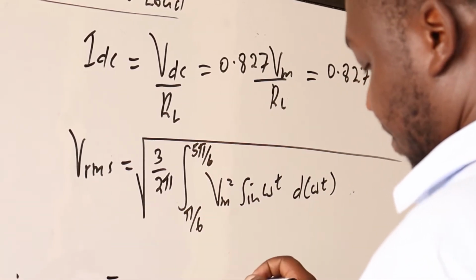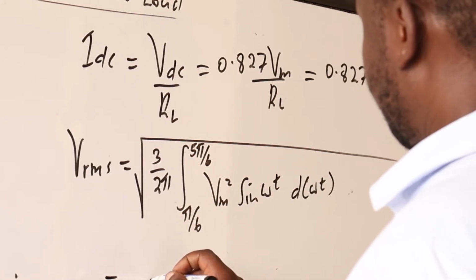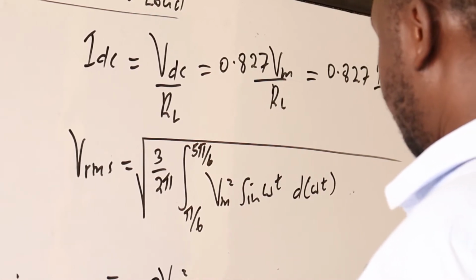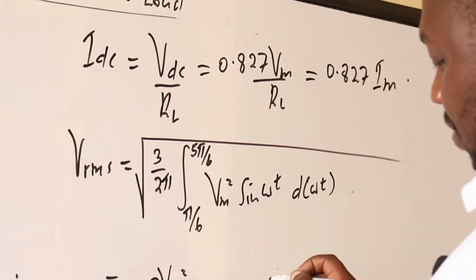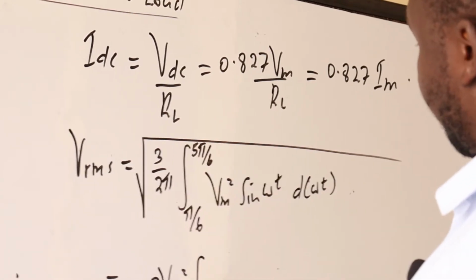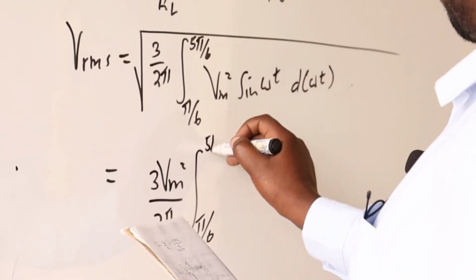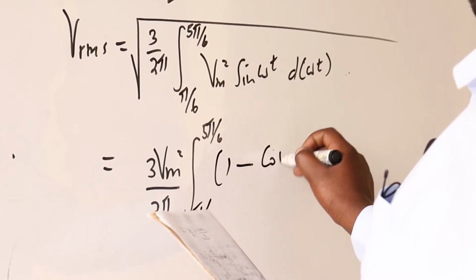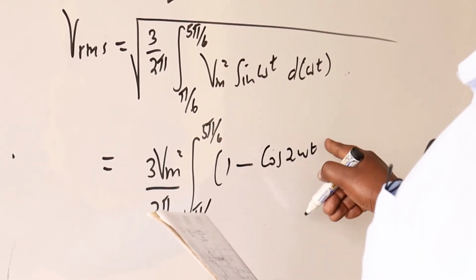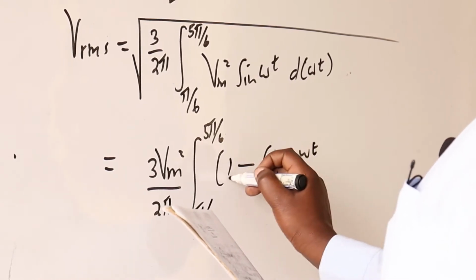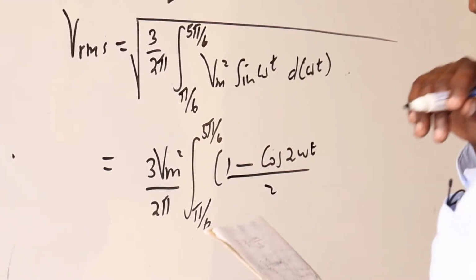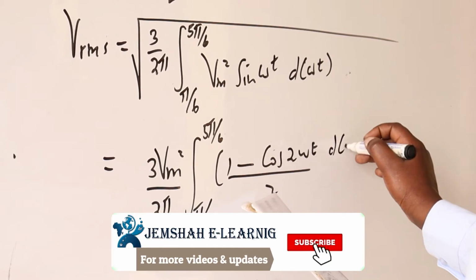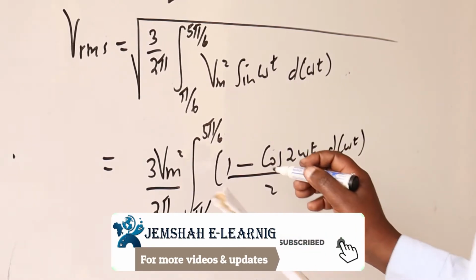So this gives 3 Vm squared all over 2 pi, the integral from pi over 6 to 5 pi over 6 of 1 minus cos 2 omega t all over 2 d omega t. So we get a square root here.